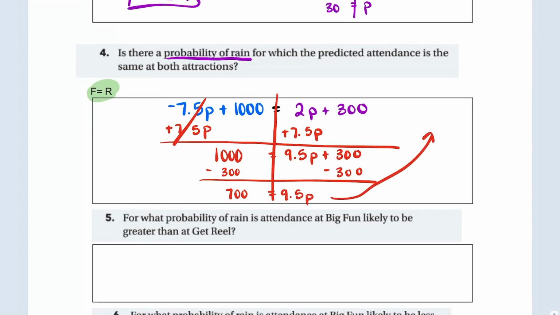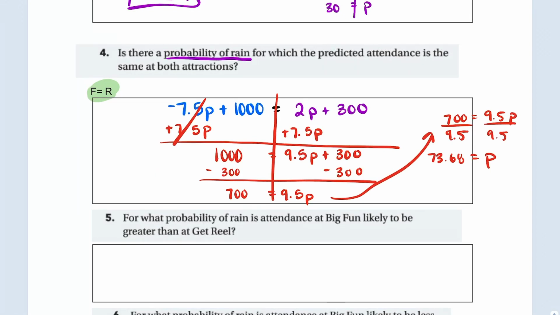And this is a step you guys like to skip, but it's important that you show all of your work. And some of you lost points on this on your Moving Straight Ahead test. Okay, you have to show me that you are dividing both sides by 9.5 here. And we get p is equal to, you're not going to get the nicest number, so let's calculate it really quick. 700 divided by 9.5 is 73.68, but let's round that to the nearest whole number.